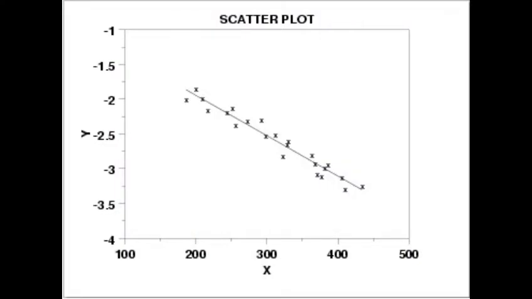So if it is in a diagram, the diagram will be like this, because if variable x increases, variable y will decrease. And next, the positive correlation. In a positive correlation, the variables move in the same direction.